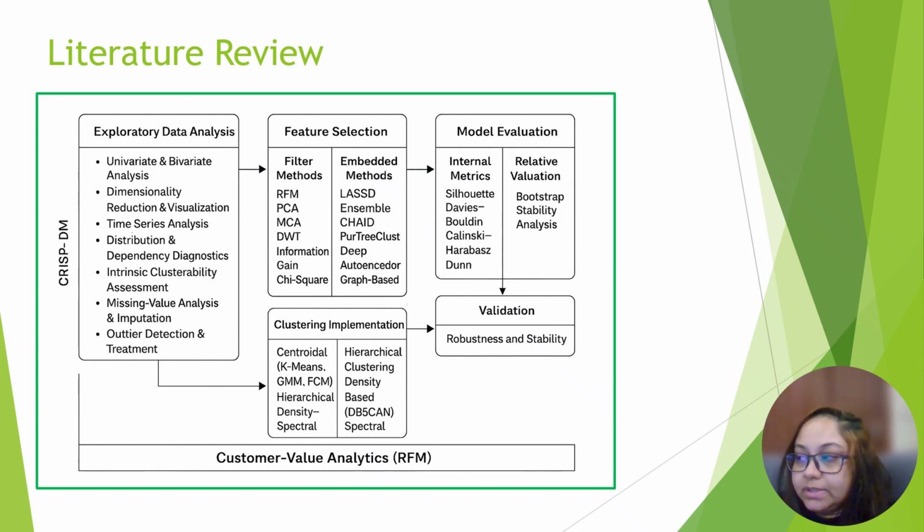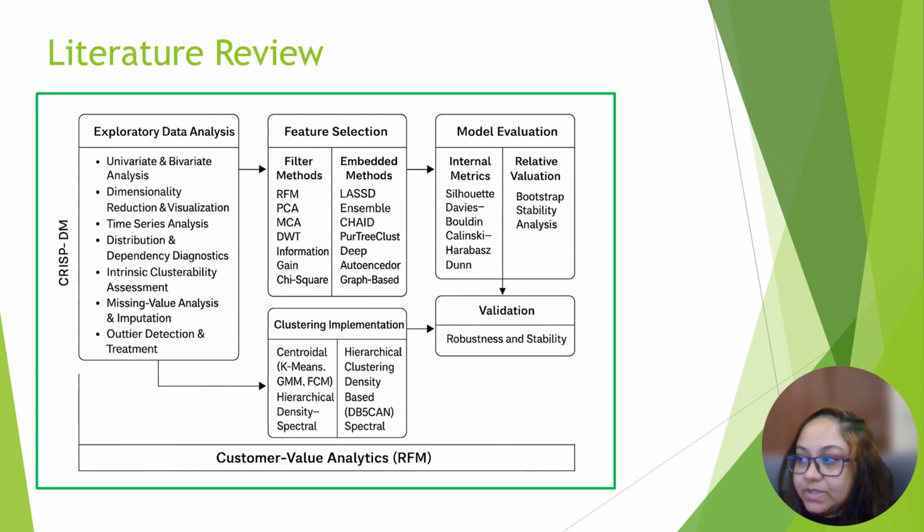Feature selection, on the other hand, is the process of identifying the most relevant input variables, that is, features for clustering. This step ensures that the clustering algorithm focuses on meaningful dimensions, enhancing the interpretability and performance of the resulting segments. Once these features are selected, then the clustering algorithms are applied to group customers into different clusters based on feature similarity.